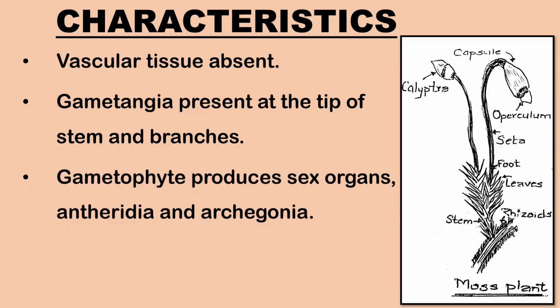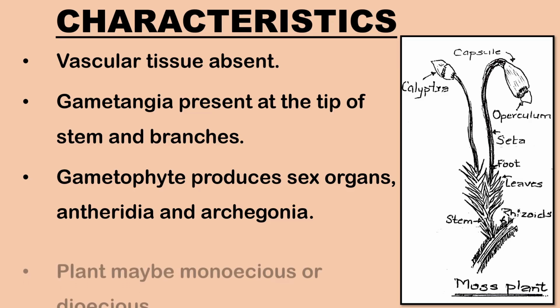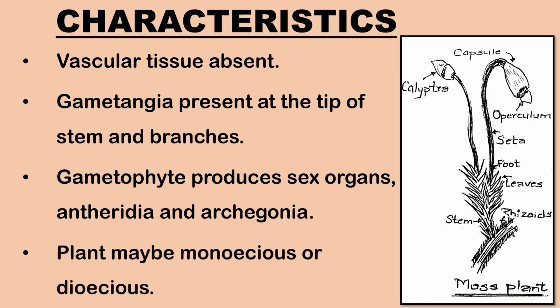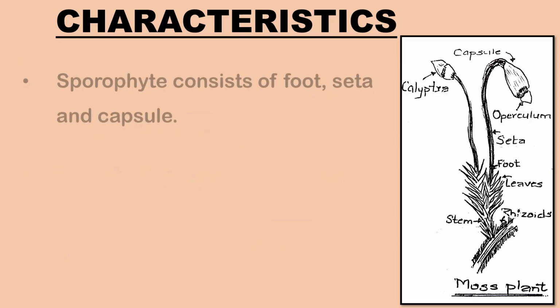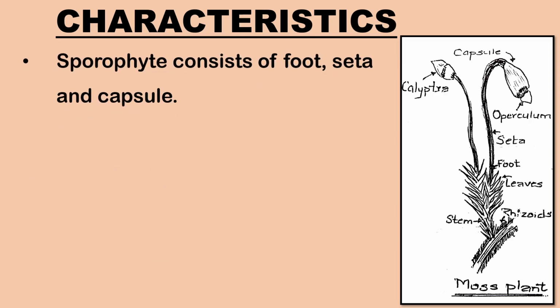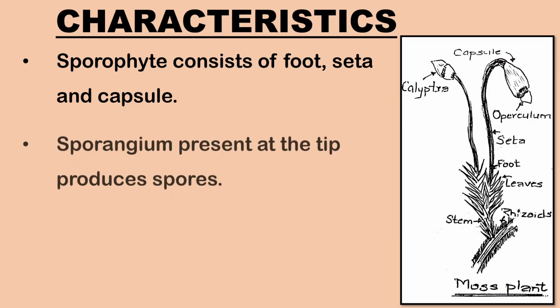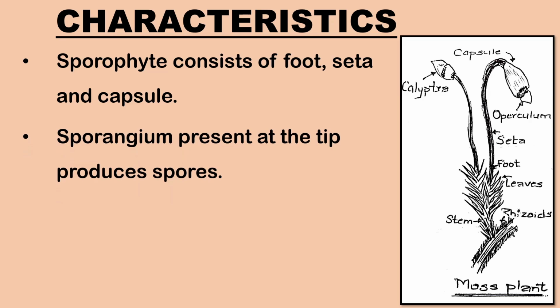The stem-like and leaf-like structures of the moss plant is the gametophyte, which produces sex organs, Antheridia and Archegonia respectively. Mosses may be monoecious or dioecious. The sporophyte consists of the foot, seta, and capsule. The sporangium present at the tip produces the spores.